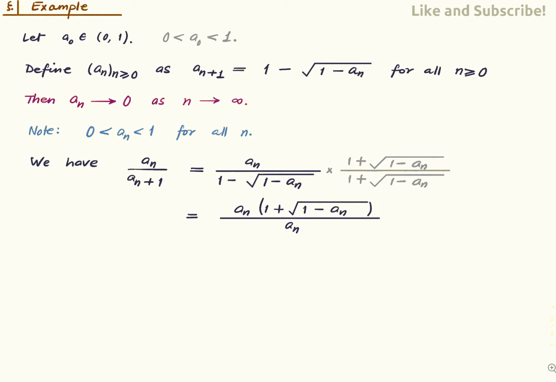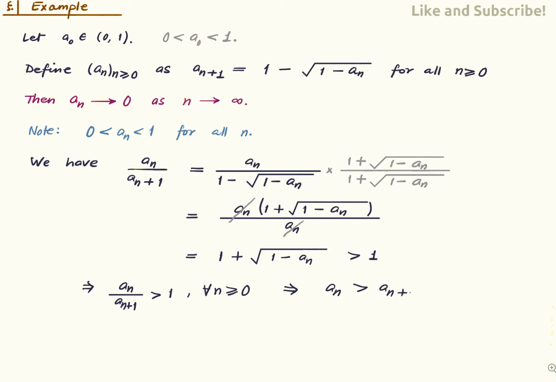So this an cancels off, and we end up with 1 plus this expression, which is strictly greater than 1. And therefore, what we have shown is that an divided by an plus 1 is strictly greater than 1 for all n. I can write n greater than or equal to 0, which implies an is greater than an plus 1 for all n.